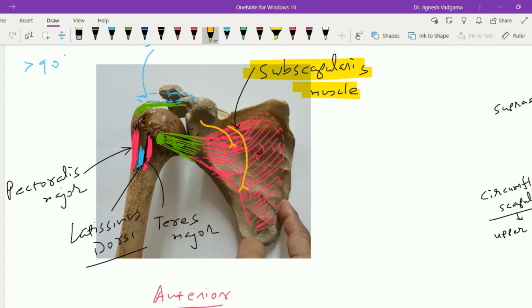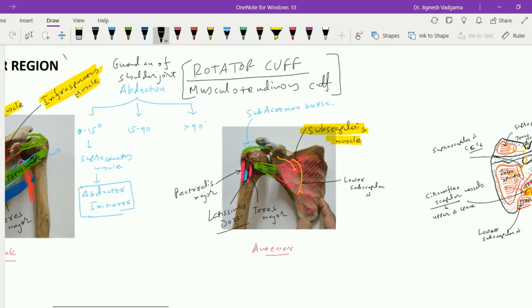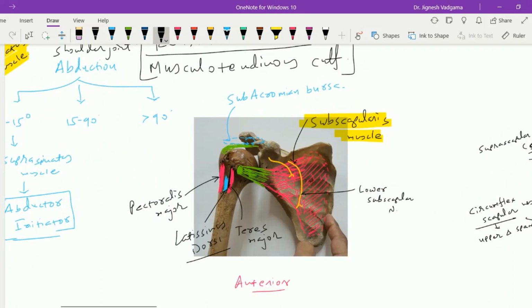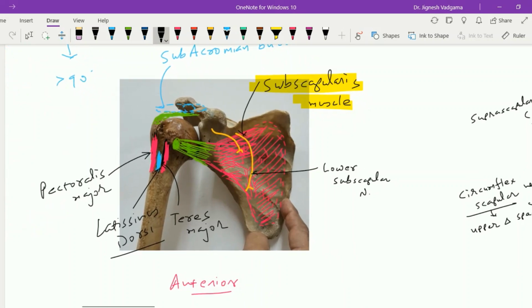As we already discussed, this lower subscapular nerve also supplies the teres major muscle. So we have seen very briefly the origin, insertion as well as the nerve supply of all these muscles.